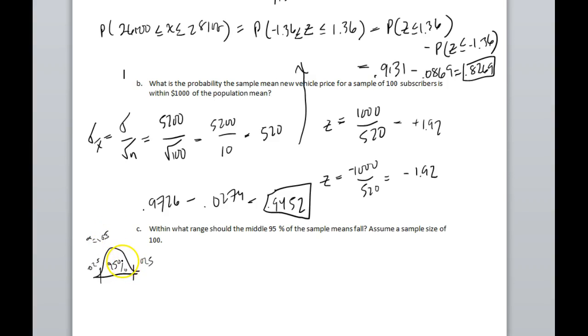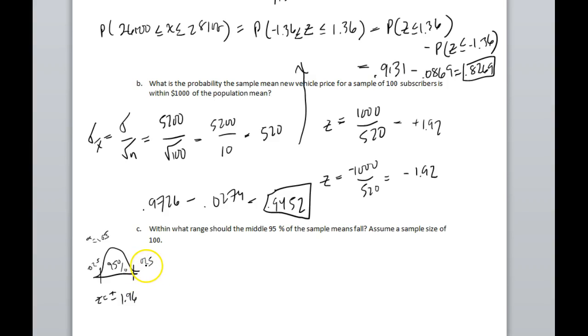This is one of these standard numbers that we look for. I think we just did that in the lecture, and we came up with that for the 95% confidence interval, z is going to be equal to plus or minus 1.96. And that's what we confirmed by looking at the table.